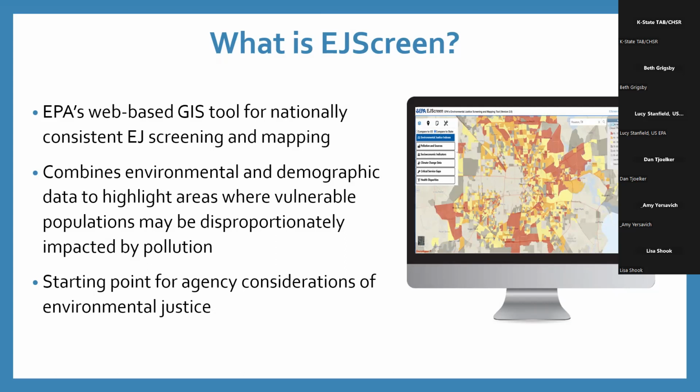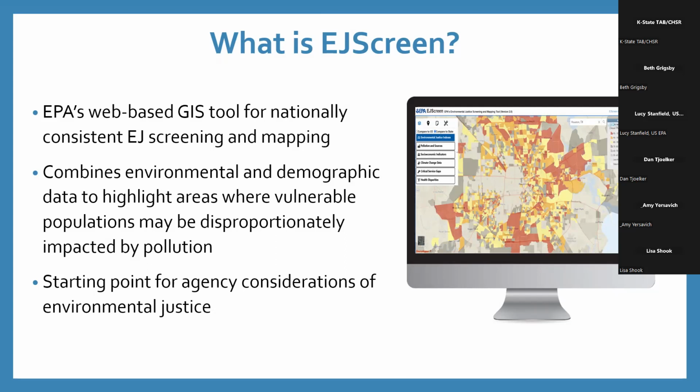And there are several states around the country that have their own EJ tools. This is EPA's. We're now at version 2.2. This tool has been out several years, and we've been refining it and also looking at what other types of data other mapping tools are using.